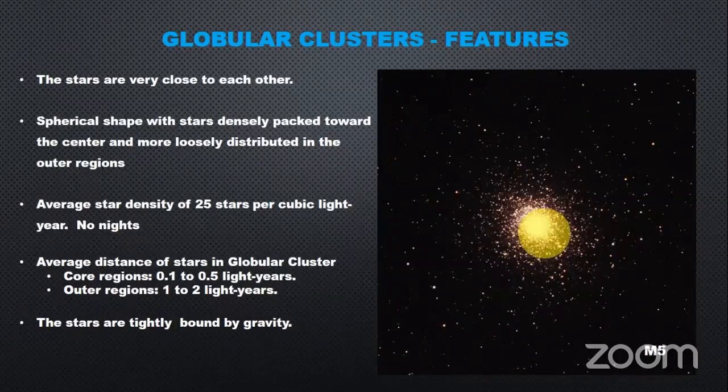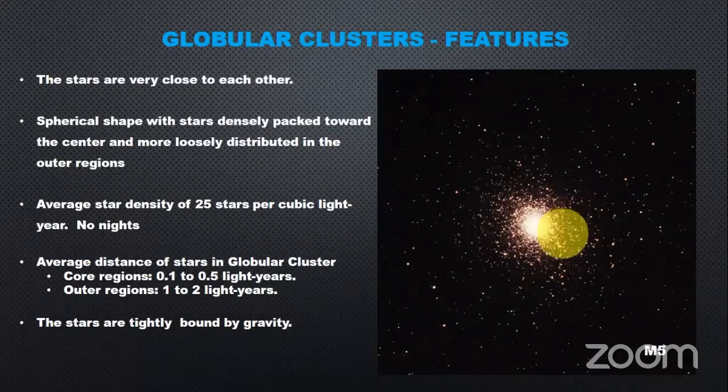The overall shape of these globular star clusters is spherical, with stars densely packed towards the center and loosely distributed in the outer regions, as you can see from this picture.